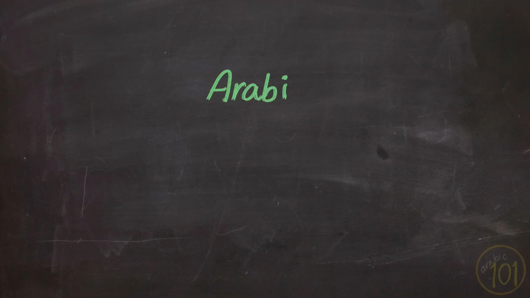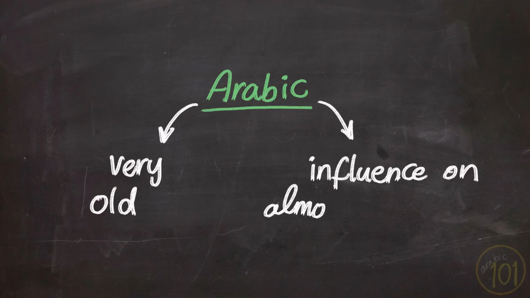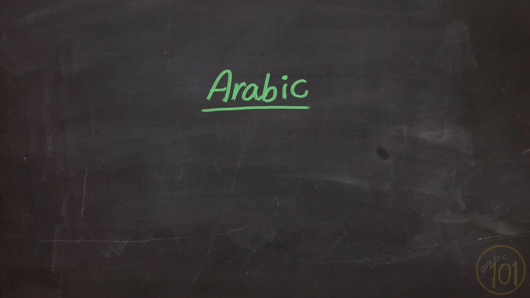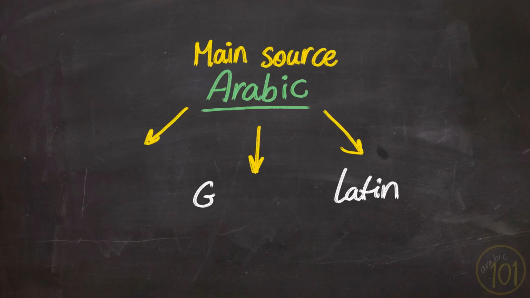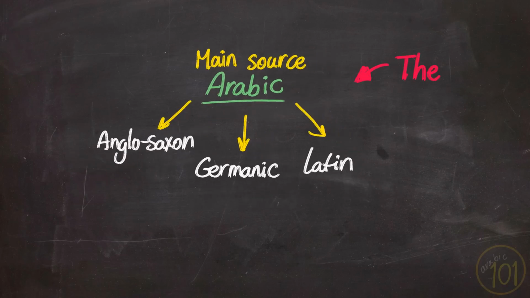So what we do know for sure is that Arabic is a very old language, and that it has a huge influence on almost every language today, one way or another, whether because they came from the same source, or because Arabic itself is the main source, or if there is another reason. All these are just theories, and there are many different theories on how languages develop over time.